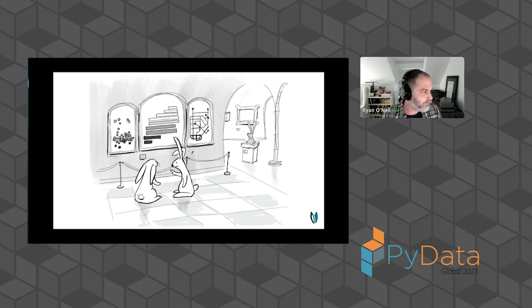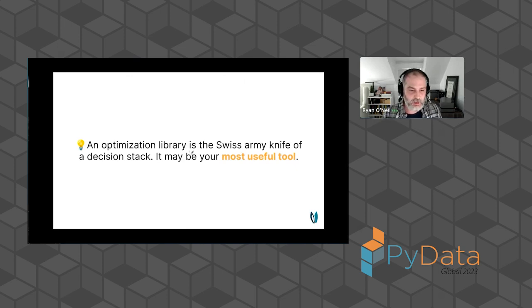I'm using a single tool here because, in my opinion, an optimization solver and modeling library is really the most important part of your stack if you're doing decision modeling. I think of it like a Swiss Army knife. And so one of the things I like about giving this particular kind of talk is that we're going to be using that same technology and same library in three very different ways.